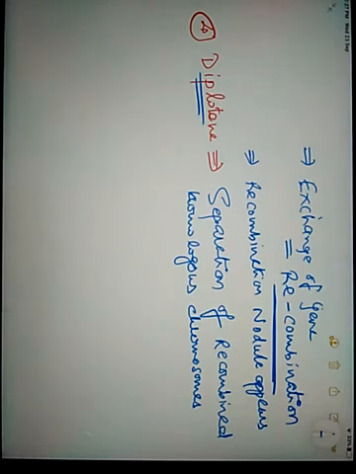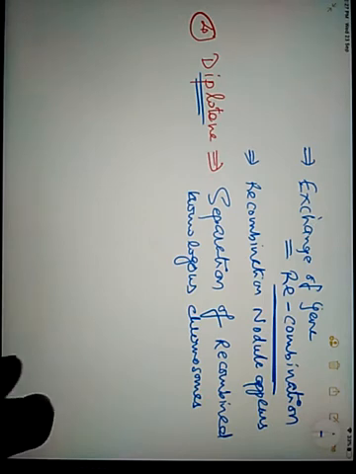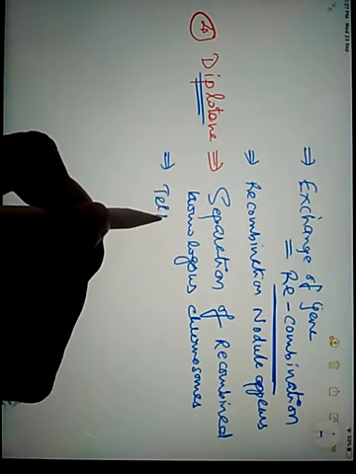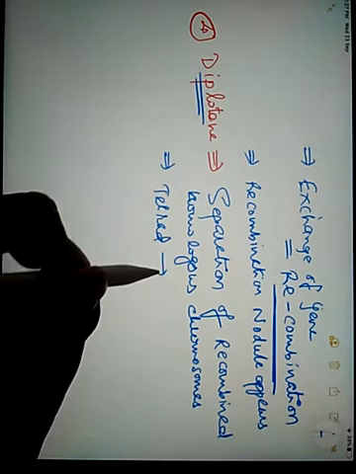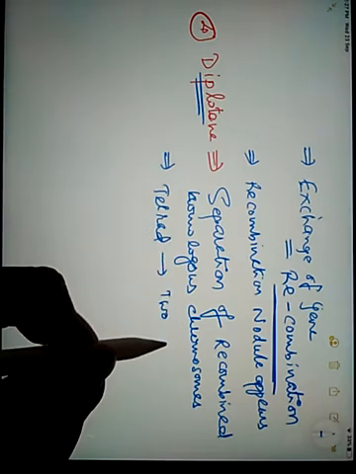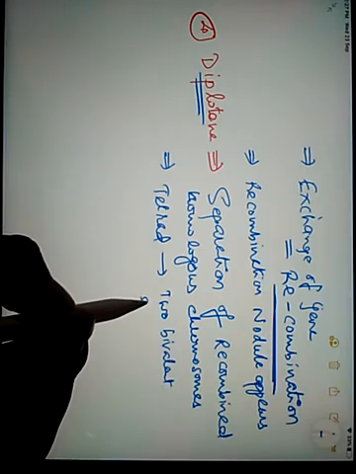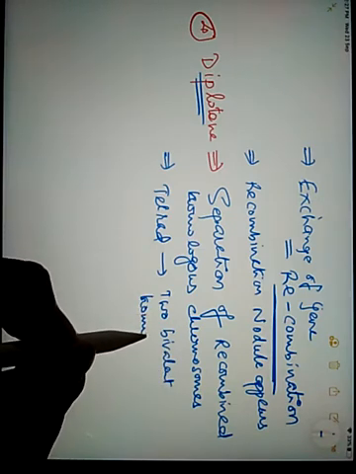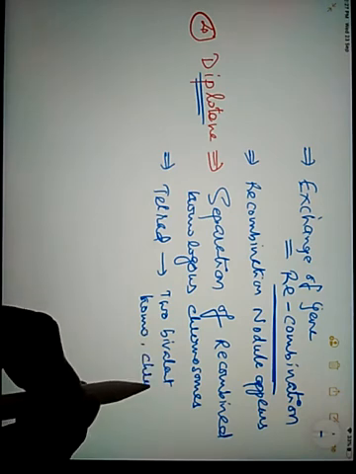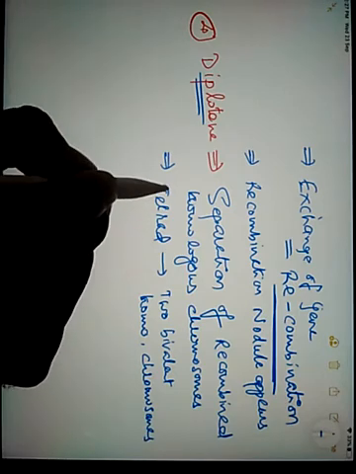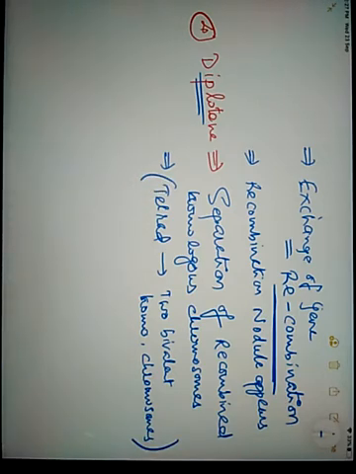We are making them apart from each other, so that from tetrad back to two bivalent homologous chromosomes. So that's the result. From tetrad you get two bivalent chromosomes back into the action.